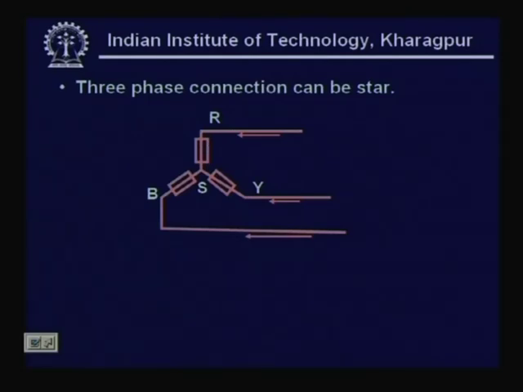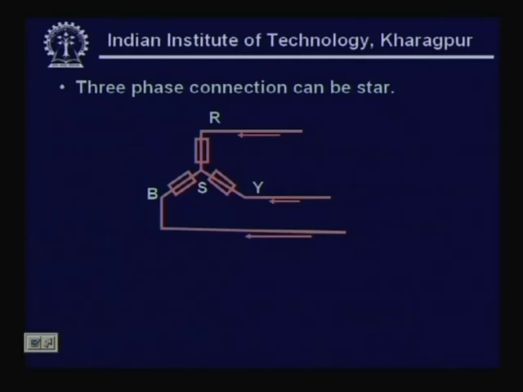If I have identical loads and they draw identical currents, then instead of 6 conductors I could have done with 4, but the fourth conductor, which forms the neutral conductor, carries 0 instantaneous current, the sum being 0, so it need not be there.